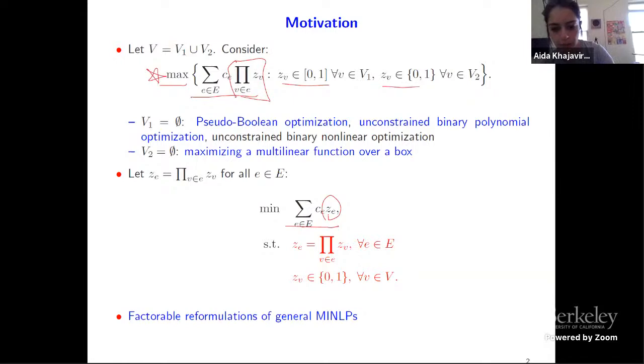Let me tell you what I mean by that. Let's say I have an optimization problem of the following form: minimizing z1 squared z2 squared z3 plus z1 z2 minus z1 squared z4. And let's say they are even continuous variables, all defined over a box.